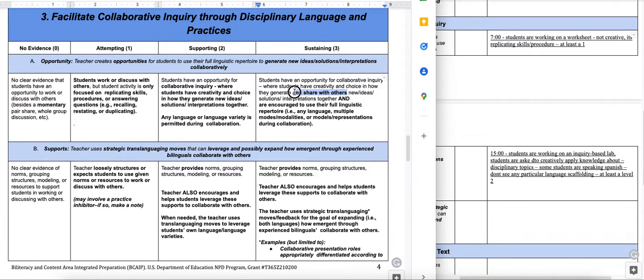So that's a difference between a level 2 and a level 3. You need to see students having creativity in how they share new ideas. And students are encouraged to use their full linguistic repertoire. So beyond just being permitted or allowed, the teacher is really encouraging.